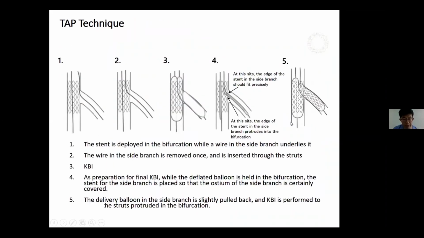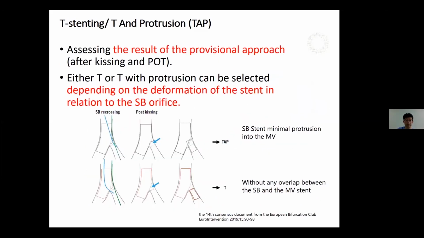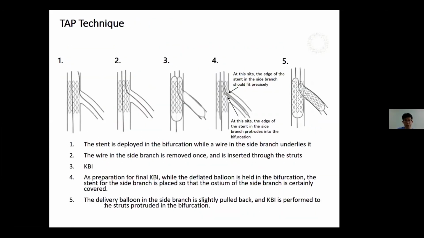So the TAP technique is here. First, the stent is deployed in the main branch across the bifurcation, where the wire remains in the side branch. The wire in the side branch is removed once and re-inserted through the strut, and KBI is performed first.